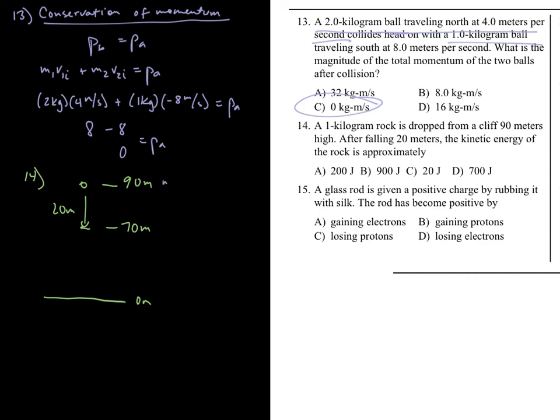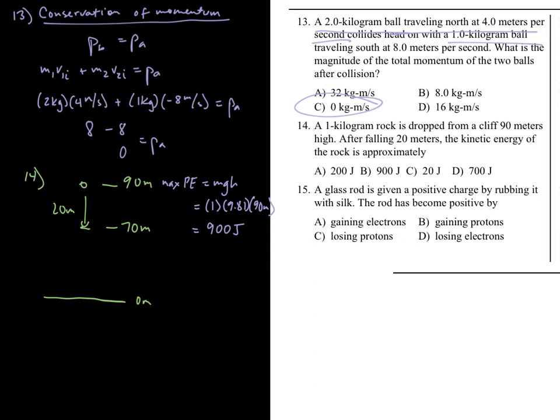So here we have a max of potential energy at the top, mgh: 1 times 9.81 meters per second squared times a height of 90 meters. And you should get about, this is approximately 900 joules here. Now, it fell 20 meters.